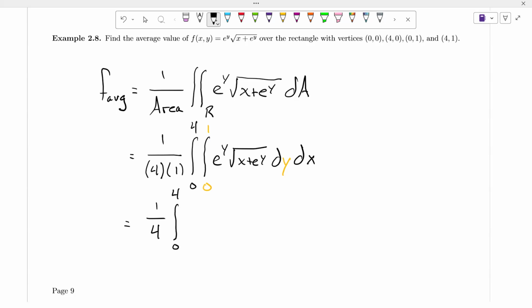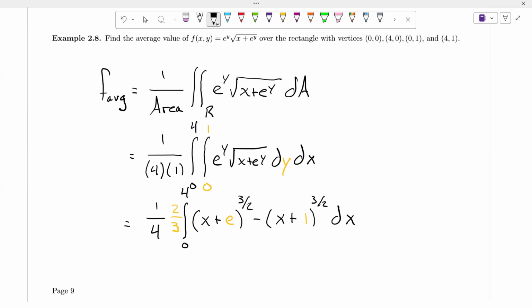I'm integrating the square root, so I'm going to get a 2/3 on the outside. I'll have x plus e to the 1 to the 3/2 minus x plus e to the 0 to the 3/2 dx.